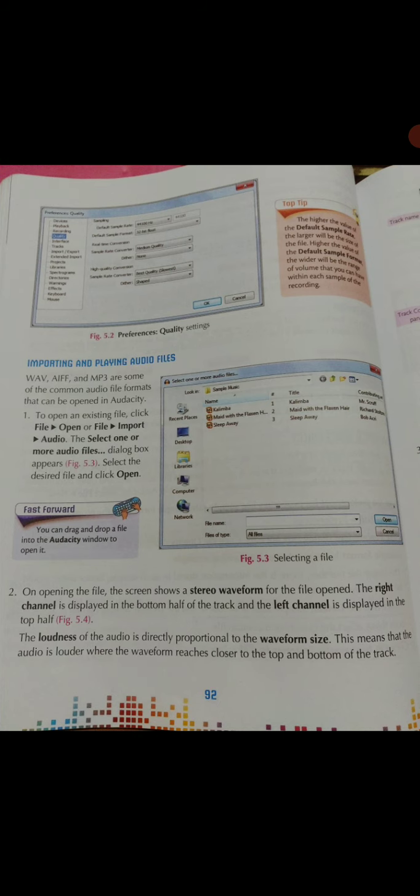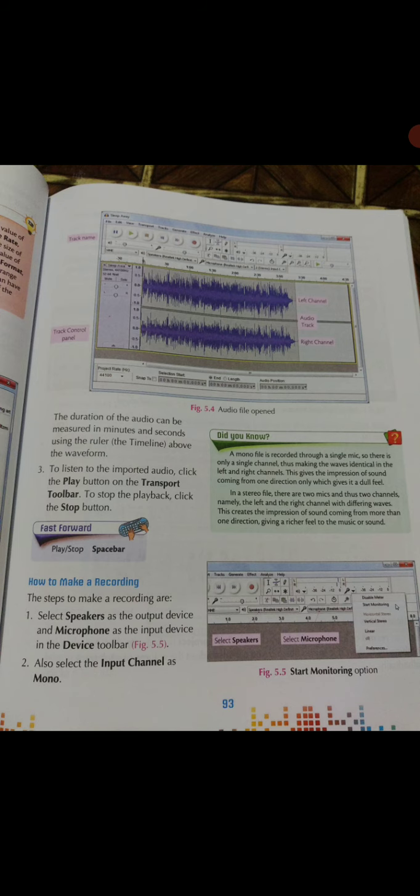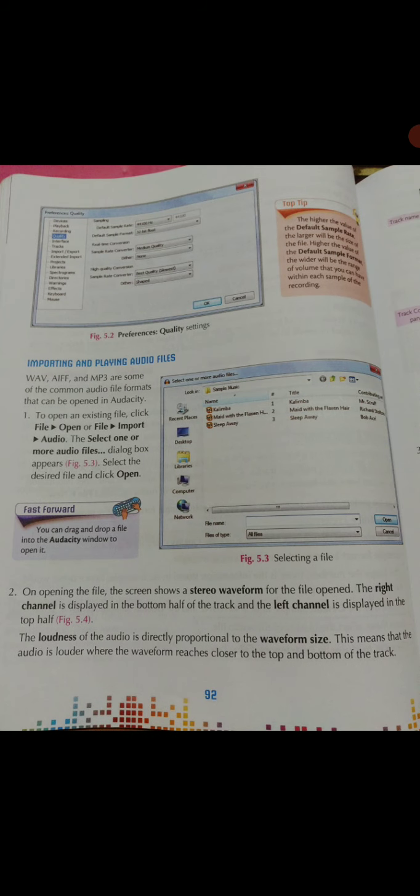Then here you see in step 1, to open an existing file, click File, Open or File, Import Audio. The select one or more audio files dialog box appears. Select the desired file and click Open. Now for importing and playing an audio file, you will get here 3 steps. According to step 1, you are going to open the existing file wherever you have stored it.